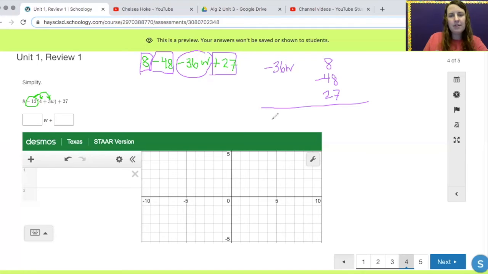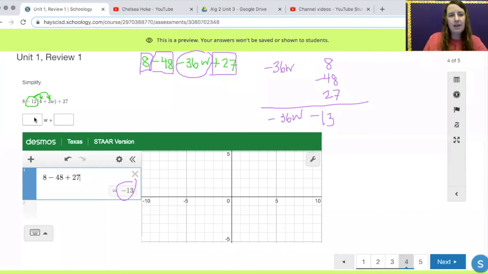Okay, so obviously right here, I've just got -36w. And then I'm going to go ahead and type the other stack into my calculator of an 8, -48, and a +27. And that tells me right here that it equals -13. So I've got a -13.